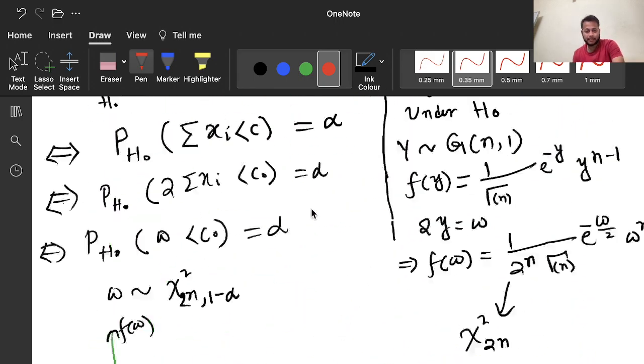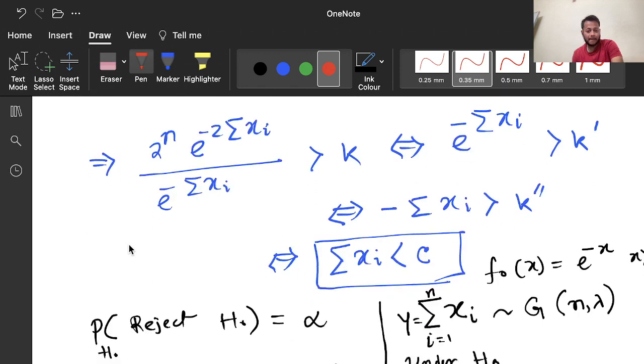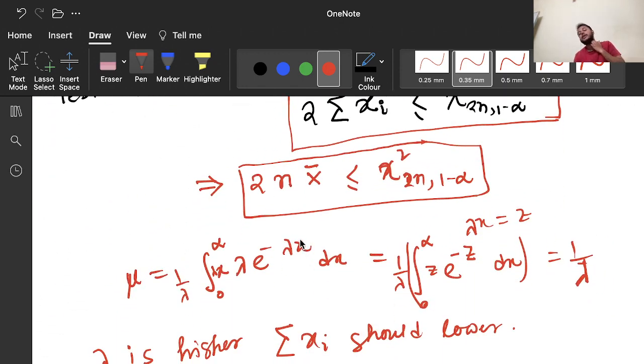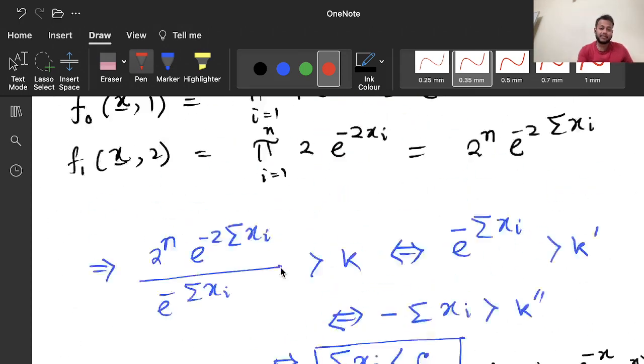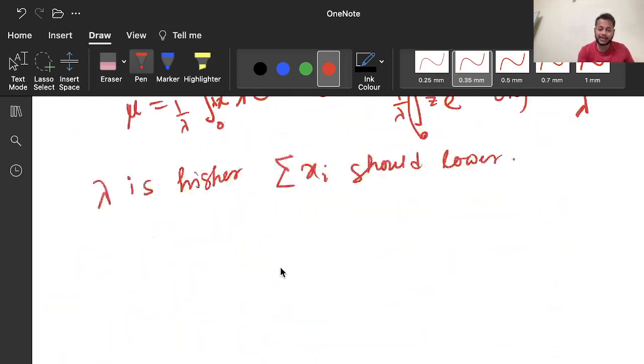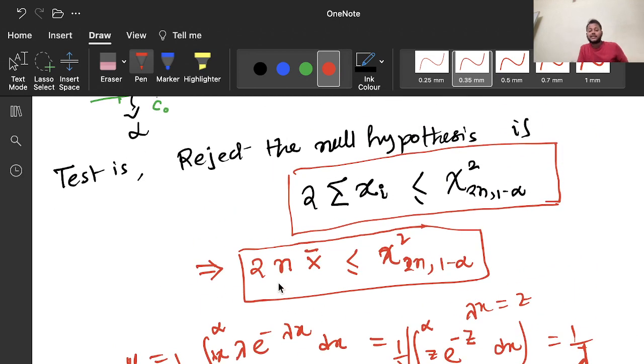So for lambda equal to 2, the sum of the xi's, or the mean, should be less. So the mean should be lesser than for lambda equal to 1. That's why the test makes sense, because it tells you that if your mean is less than some value, your hypothesis cannot be accepted, because you are in the regime of the second hypothesis, lambda equal to 2.